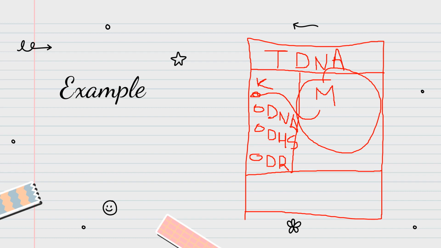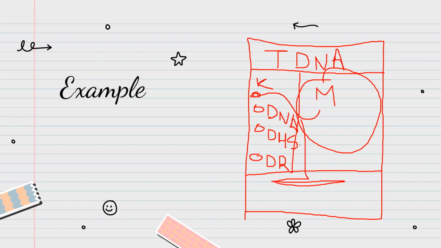Now coming to the last summary part. What you have to do over here is take each keyword and elaborate it. The first keyword which I have over here is DNA, that is deoxyribonucleic acid. So I'm going to write in the summary part that DNA means deoxyribonucleic acid.